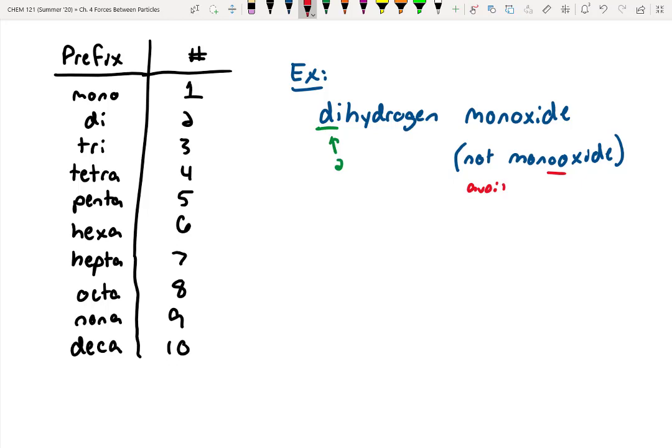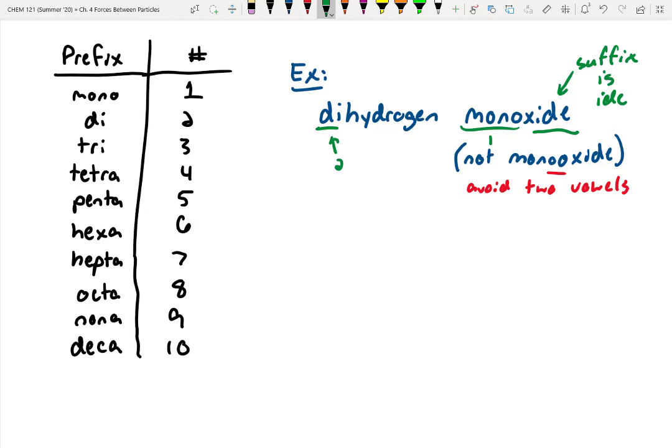So avoid 2 vowels. Okay, so we've got dihydrogen monoxide, and just like with ionic compounds, we're going to chop off the suffix and change it to an IDE suffix. Mono right here indicates that we have 1.